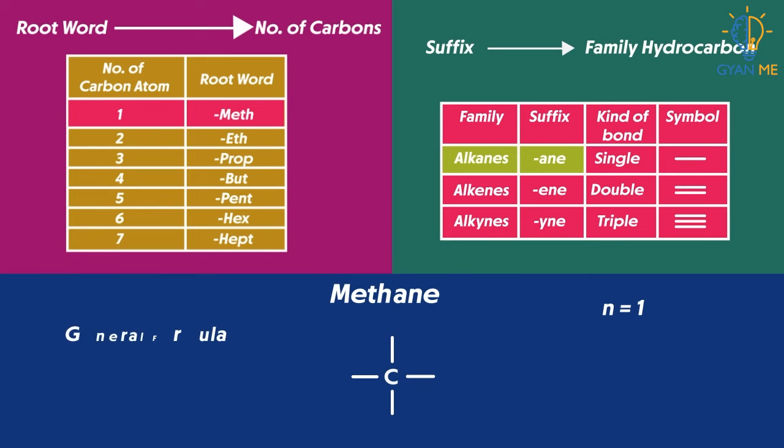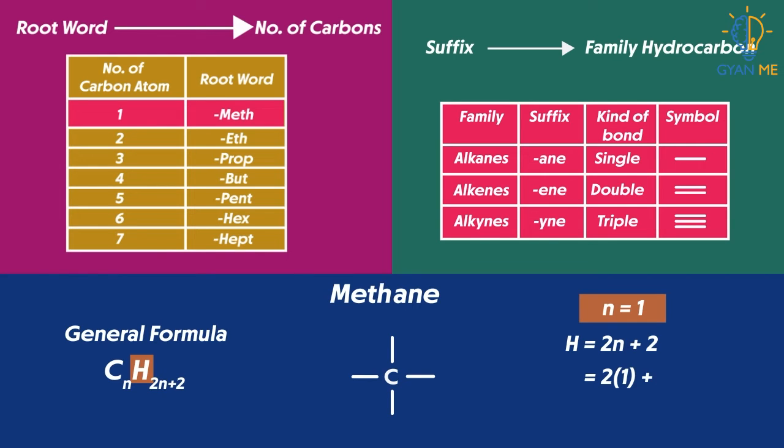Now as per the formula CnH2n+2, what would be the number of H atoms, that is hydrogen atoms? If we substitute n equal to 1 in our formula, we get H as twice the number of n plus 2, that is 2 into 1 plus 2 equal to 4.